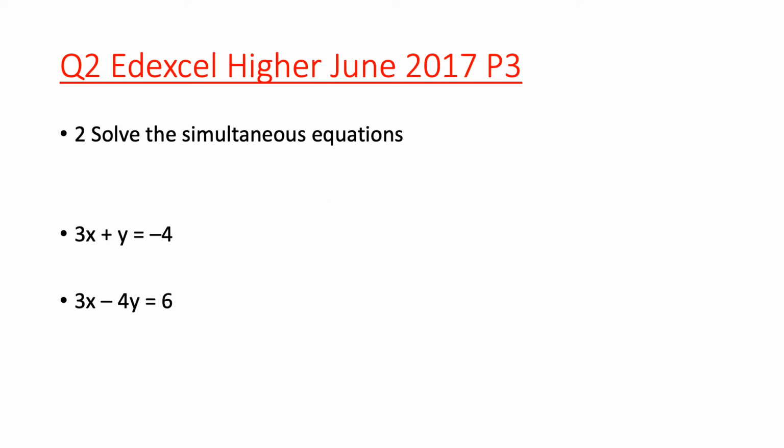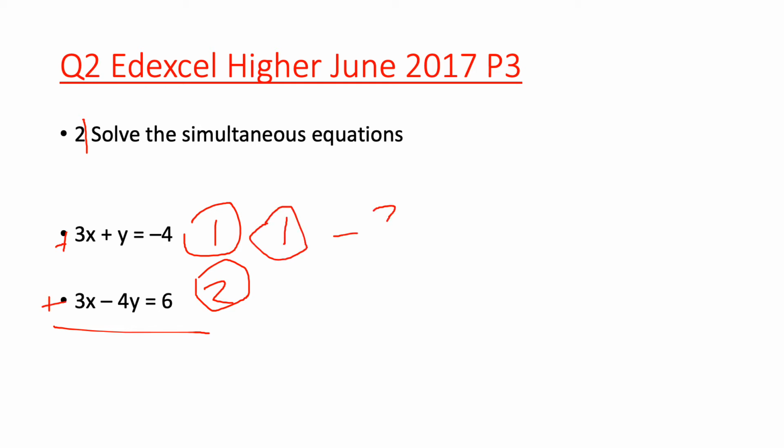Right guys, question number 2. Edexcel higher paper 3, so solve the simultaneous equations. I'm going to label them as equation 1 and equation 2. These signs are the same, I've got a plus and a plus here, so I can do equation 1 minus equation 2. So 3x minus 3x is going to be 0. y minus 4y, being careful, is minus 3y... 5y.